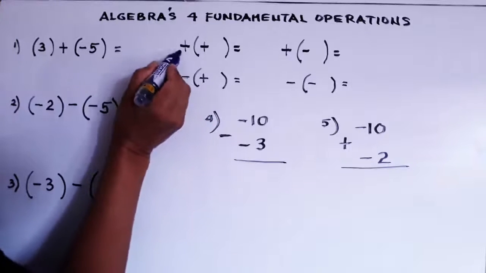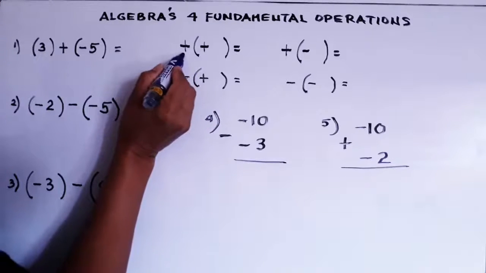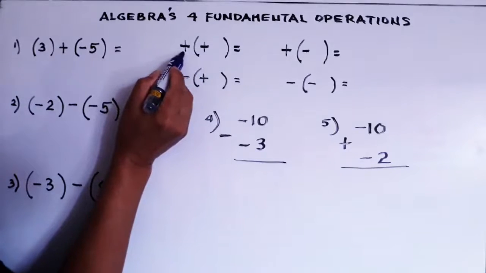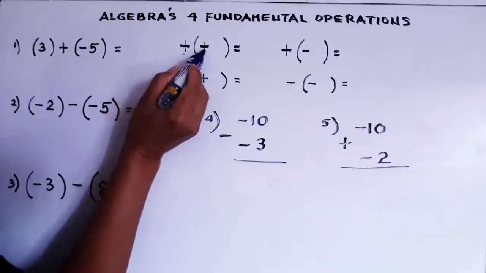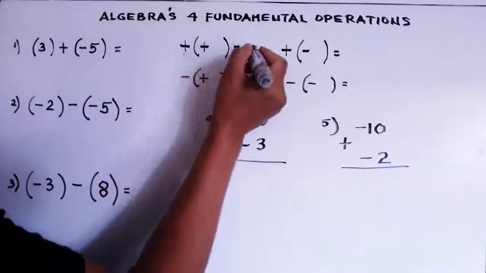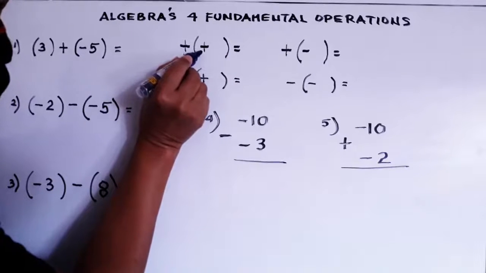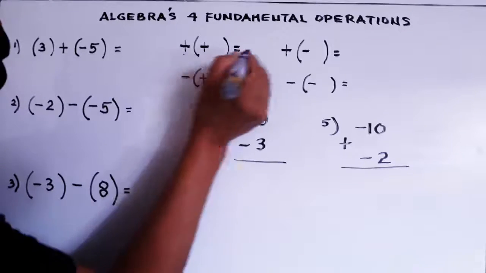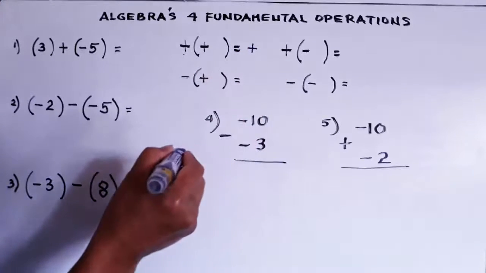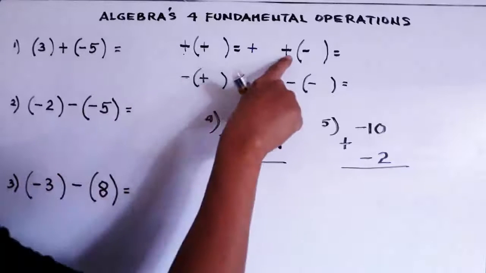If this one is preceded by a positive, the sign here will not change, as if the positive does not care about the sign of this one. So when you combine them, you follow the sign here. When you combine them, it would be positive.